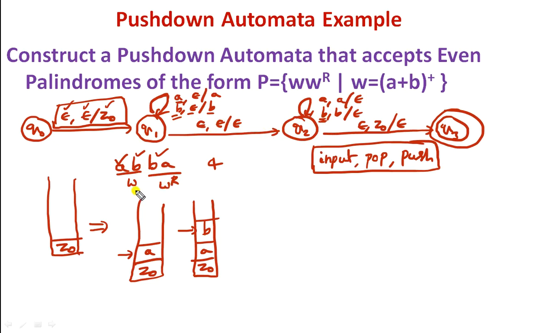So if W is completed, then you can transit using the epsilon transition, and then you need to consider the remaining symbols from the next state onwards. However, as we can see here, W is AB and W power R is BA, we can easily recognize.